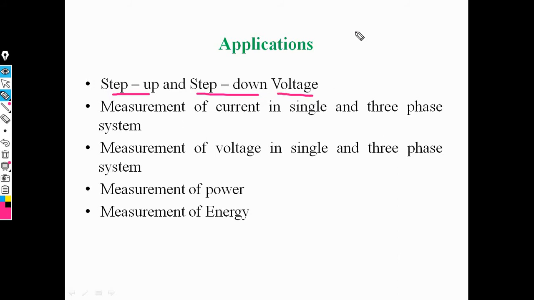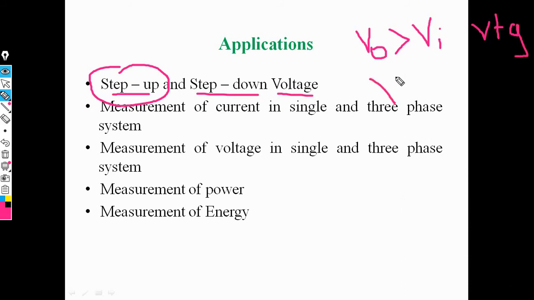In a step up transformer, the output voltage is greater than the input voltage, that is, it increases the voltage level. In a step down transformer the output voltage is less than the input voltage. This type of transformer is called a step down transformer.